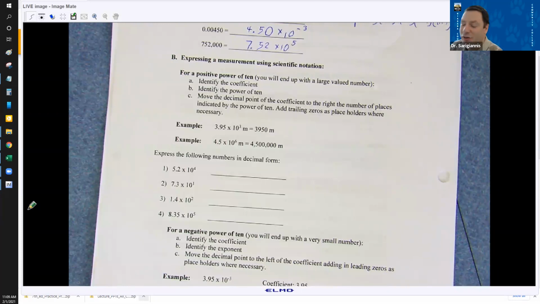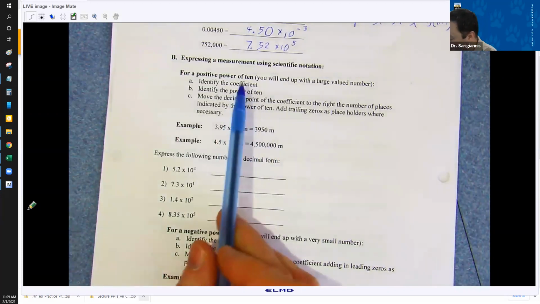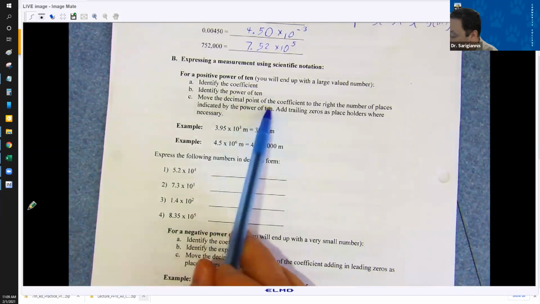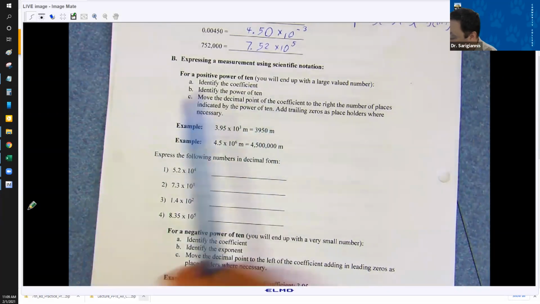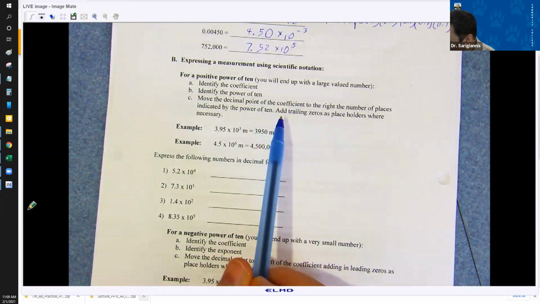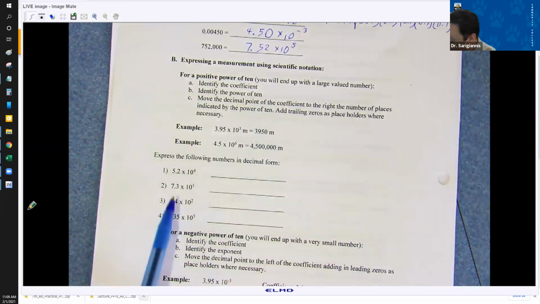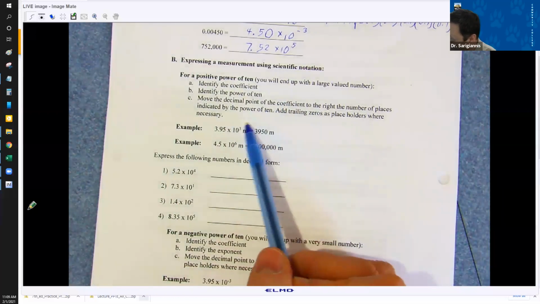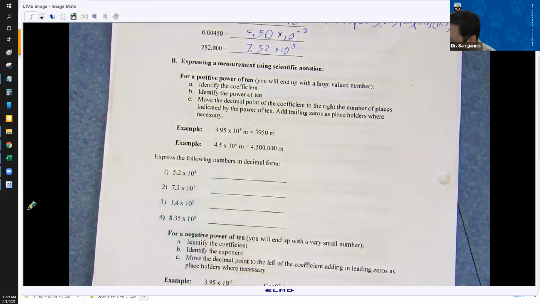So these are basically the steps, right? Identify the coefficient, what's the power of 10, and then move the decimal point to the right or left as indicated. Well, these are all to the right. So this first one's going to be positive coefficients. Add trailing zeros as space holders.